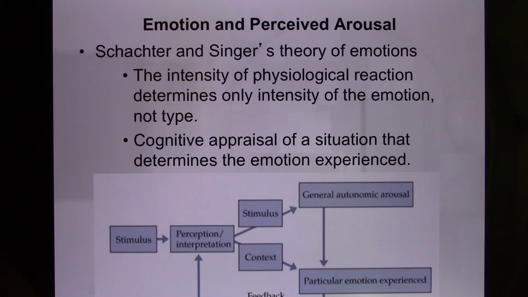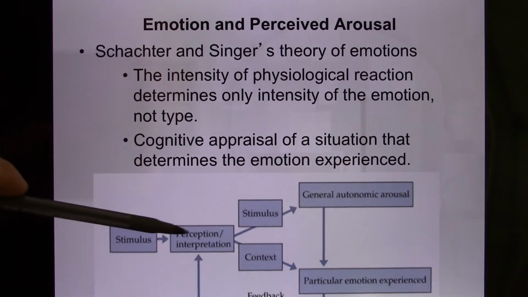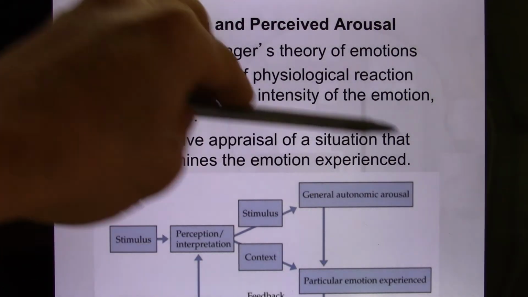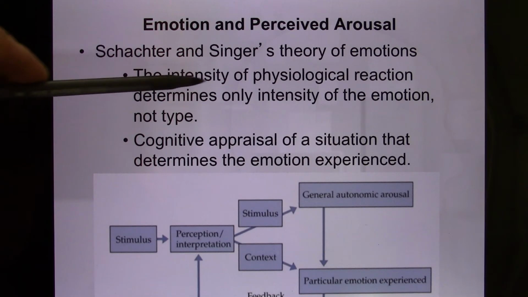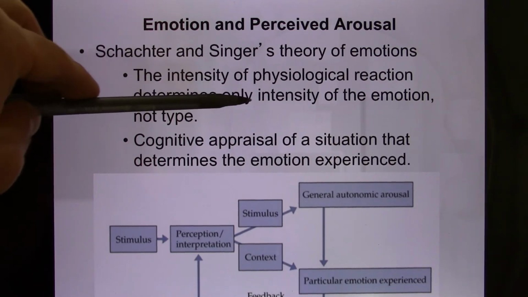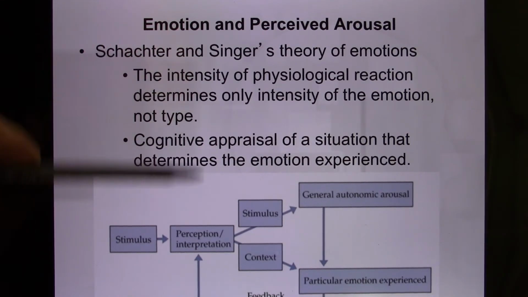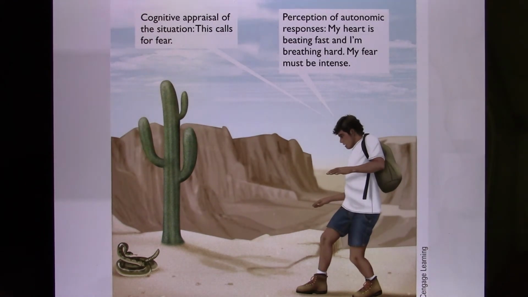That's a more acceptable theory, because this time your brain doesn't just passively receive the input from your autonomic nervous system. Your brain really participates in deciding what kind of emotion to assign, based on the context. The autonomic arousal decides only the intensity. That's the key part. The intensity is decided by the physiological response, but the context decides what kind of emotion.